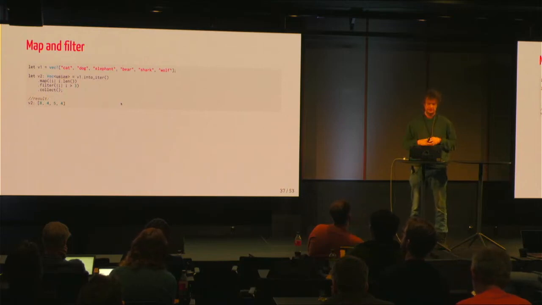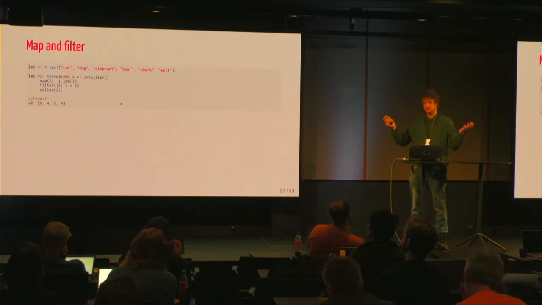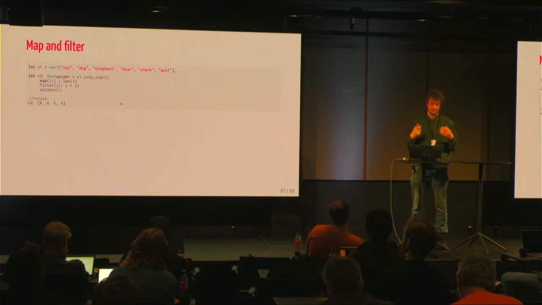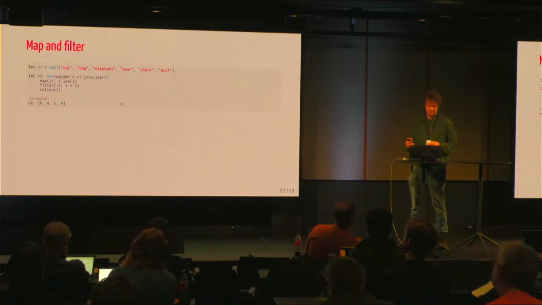And then we call the map function on the vector, and we take the length of the elements, and we filter out those which are bigger than 3, and then we collect them into a new vector. So it gives us those, for example, elephant has 8. Yeah, all of them bigger than 3, since we call the filter method.